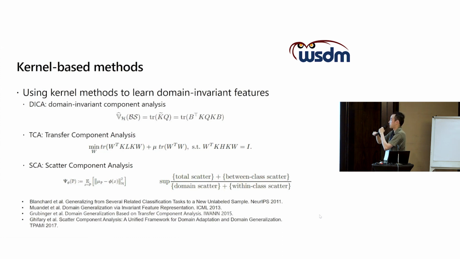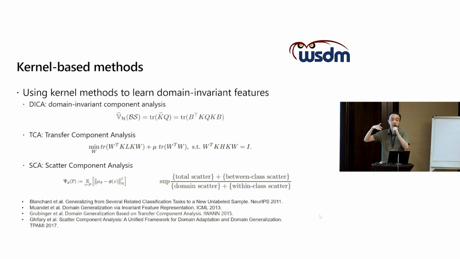For example, we can apply the idea like domain component analysis, and similarly, we can apply transfer component analysis. The idea is quite similar to some extent, which is that we want to minimize the distribution difference across the domains.